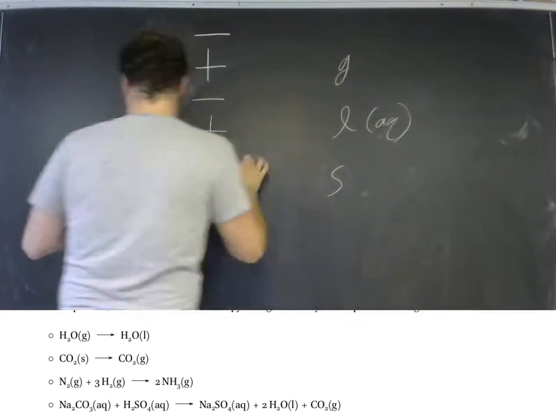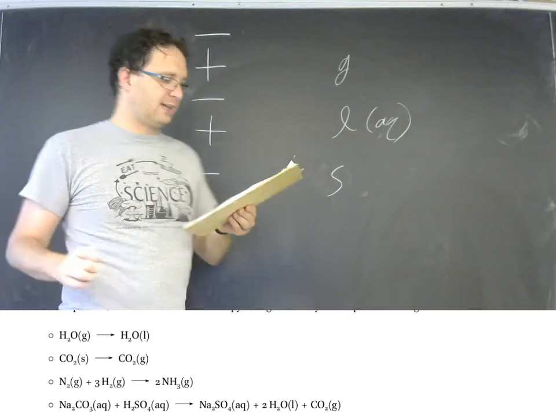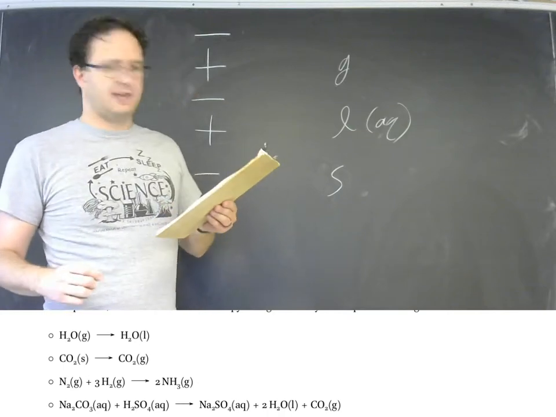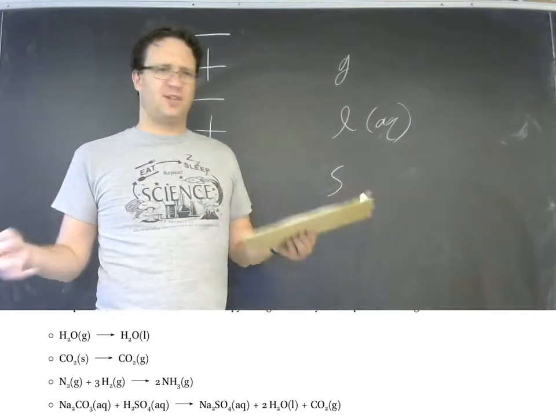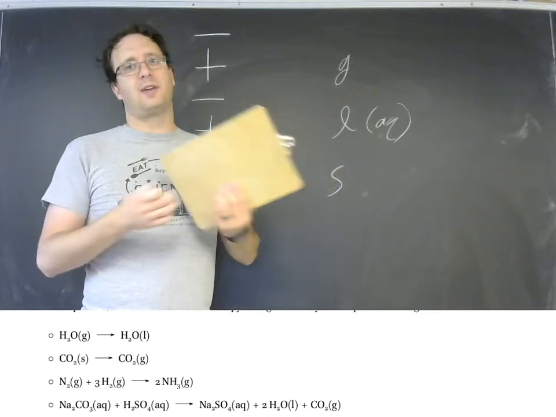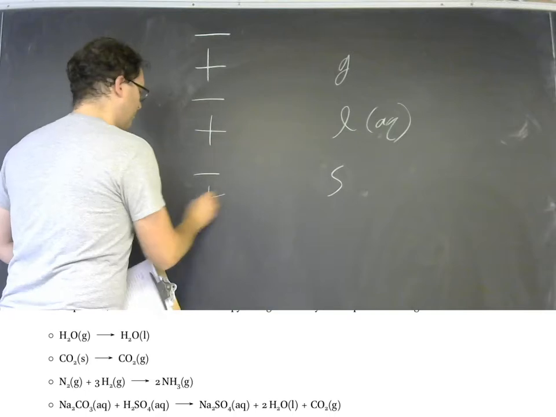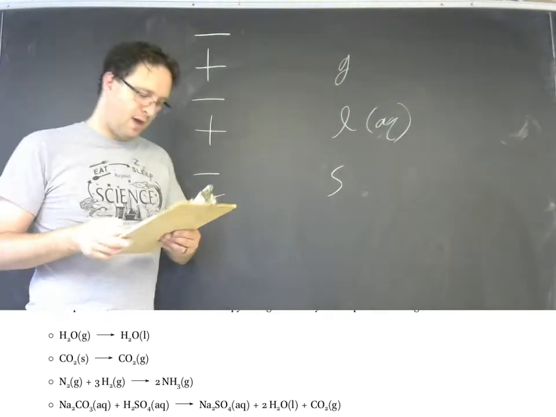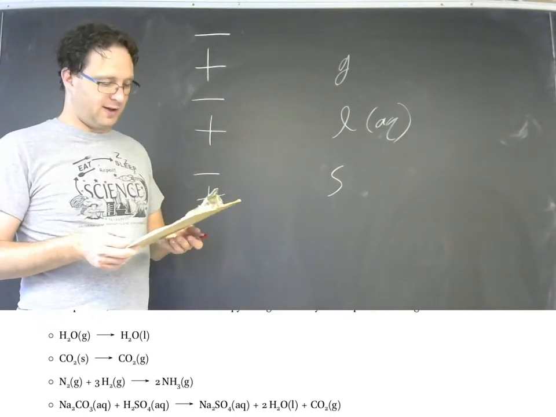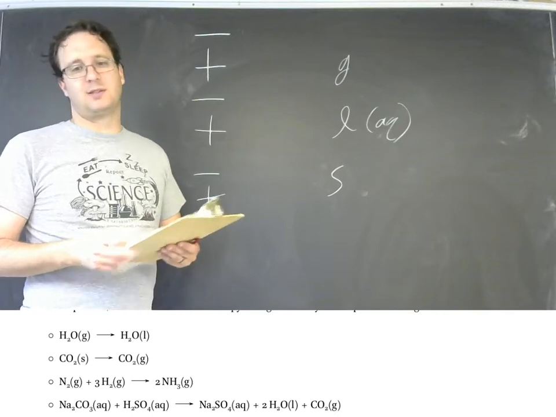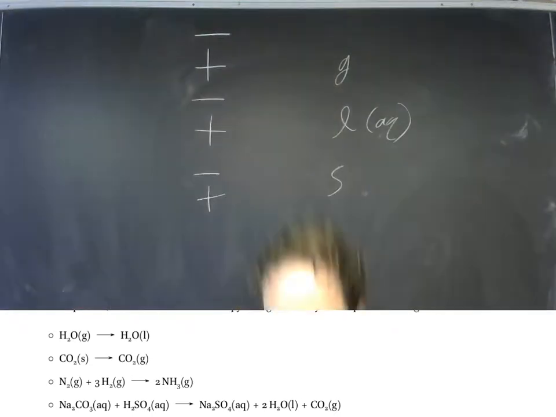Where are we? Now we're at the valve on a pressurized gas tank is opened and the gas comes streaming out. So there's no phase changes, no reaction, but you have the gas expanding to occupy a larger volume. That will be a positive entropy change. And then a sample is taken out of the freezer and left on the counter for 20 minutes. Oh, sorry, I never scrolled down.